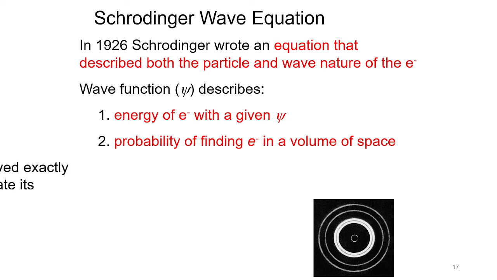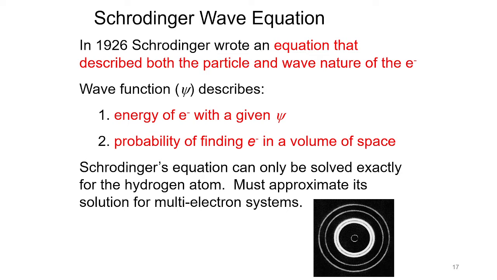In some way, Schrodinger wave equation describes that volume or space that is occupied by the electrons.